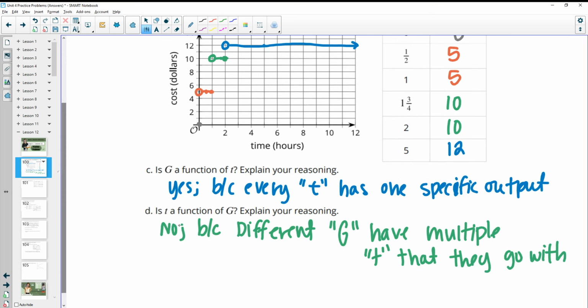So for example, if our G value was 12, that could be coming from 6, right? So that could be coming from a T of 6. We could get a cost of $12 also from 8 hours. So that can't happen. So that means that we can't flip this function around and say that T is a function of G.